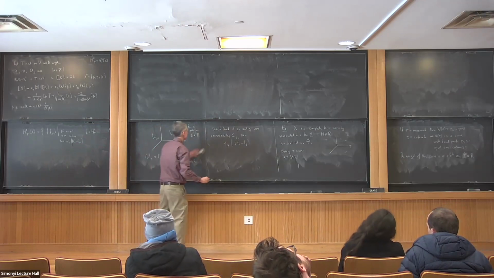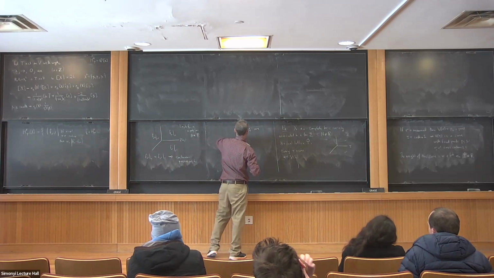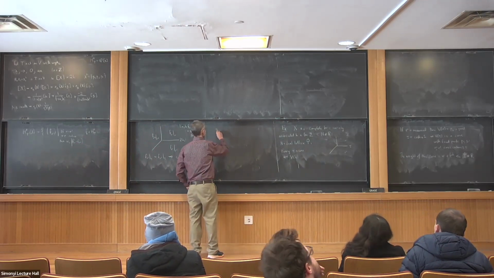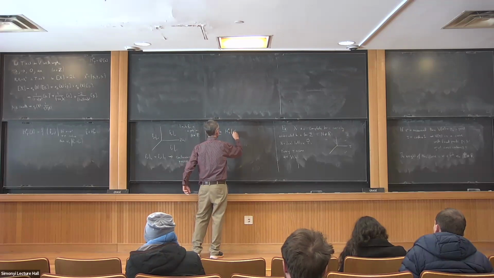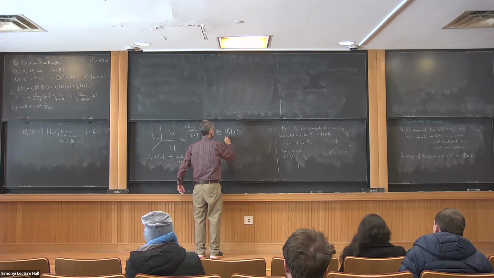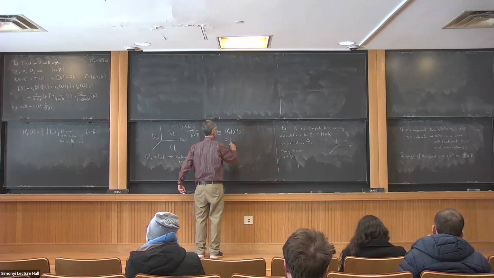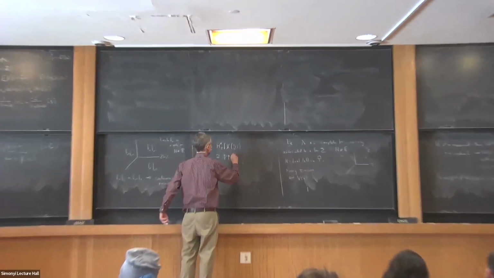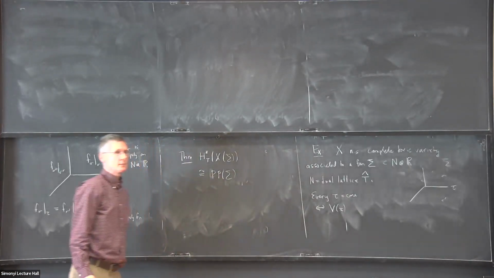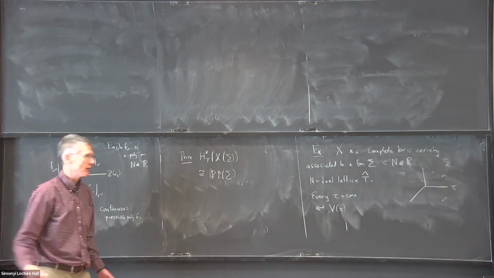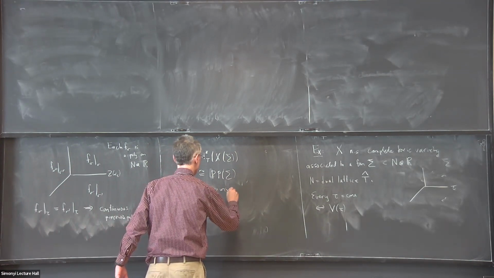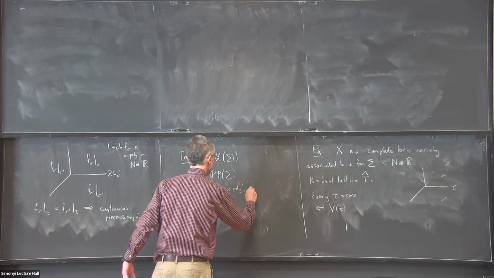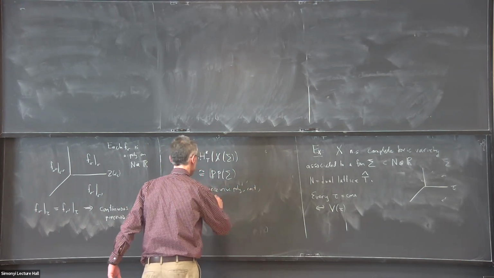And so what we conclude by this GKM picture is the following theorem: H star T of X, the toric variety X associated with fan sigma, is isomorphic to PP sigma, which is the piecewise polynomial continuous functions, continuous polynomial on every cone.